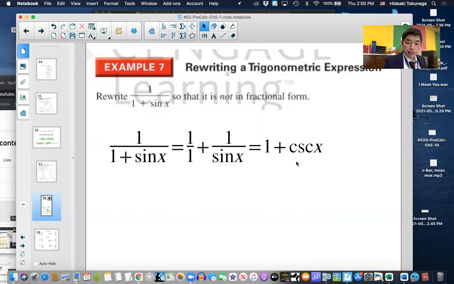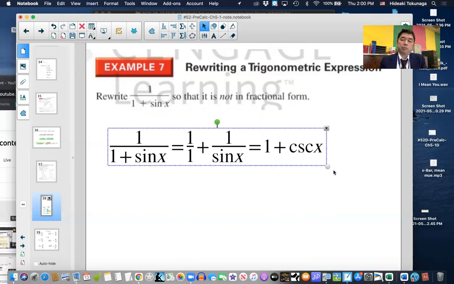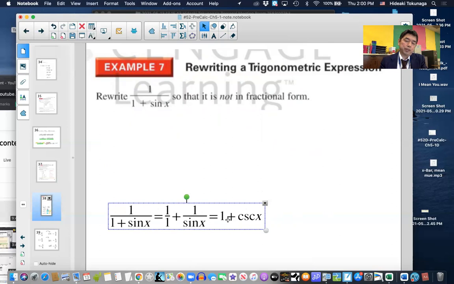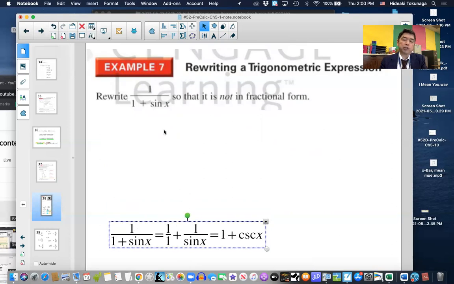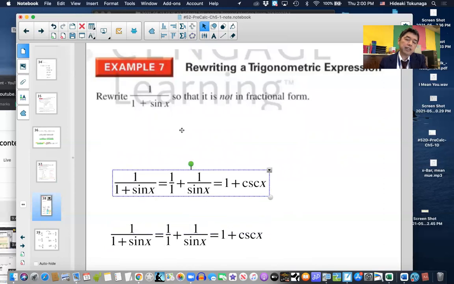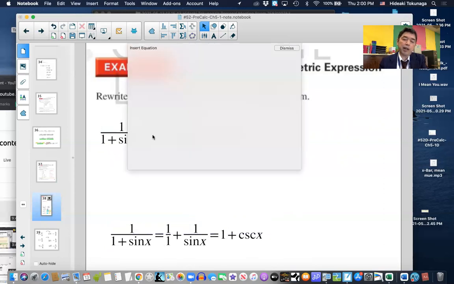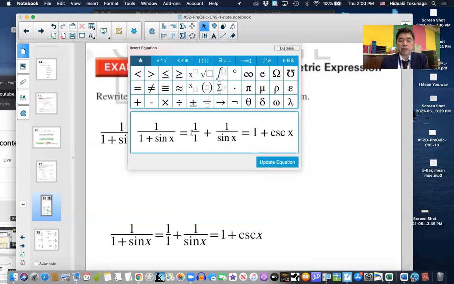It's quite different. Okay, they didn't say conjugate, so this is one of the answers I was thinking. So let me put this away. I think your textbook is showing the conjugate here. Conjugate means you have to multiply by the opposite sign of this.